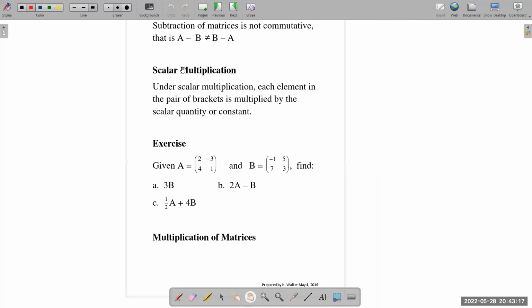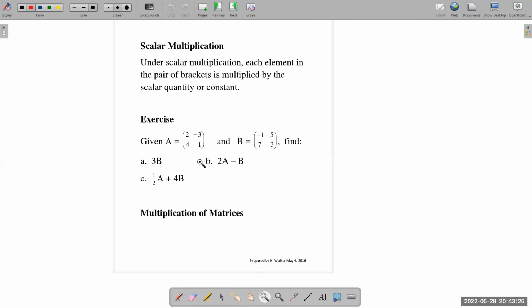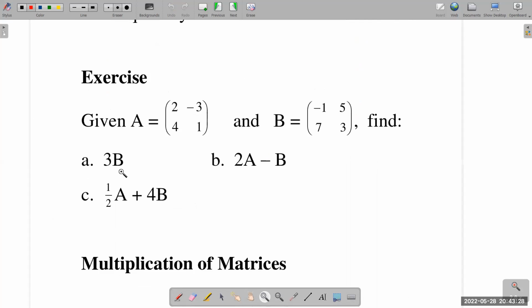Now we have scalar multiplication. Scalar multiplication is when we use a number to multiply the bracket. So if we look here, if we have A and I ask you to find 2A, what does that mean? 2A means 2 times A. That means all of the elements in A we have to multiply by 2.